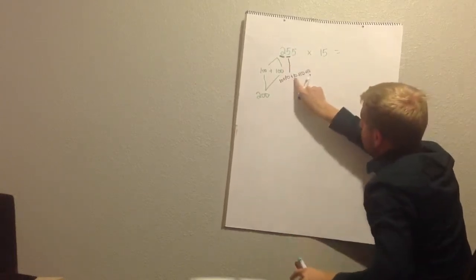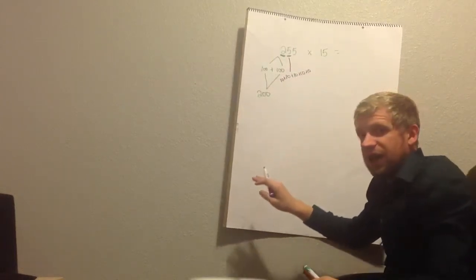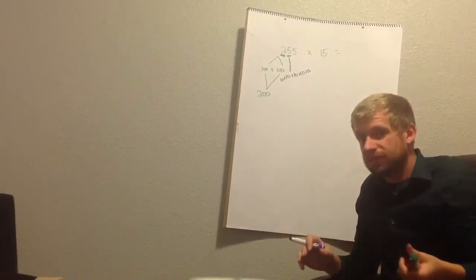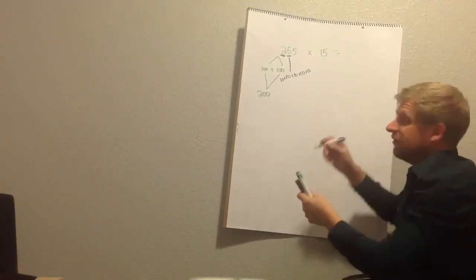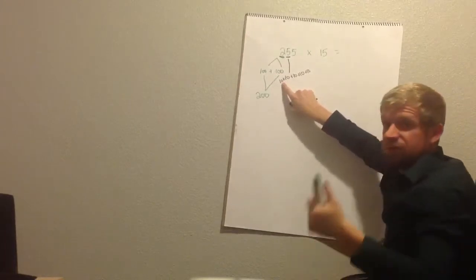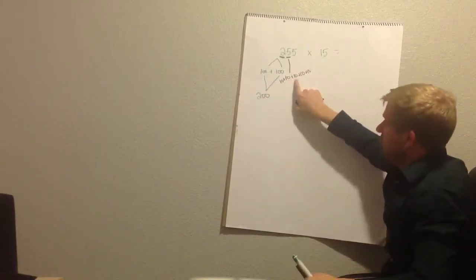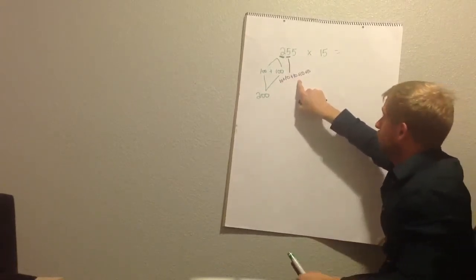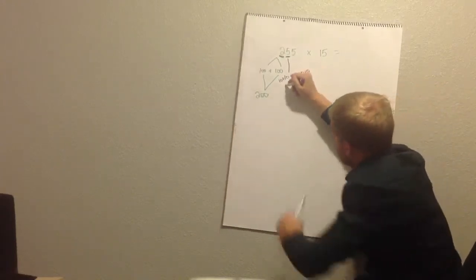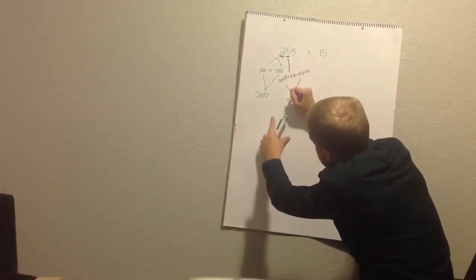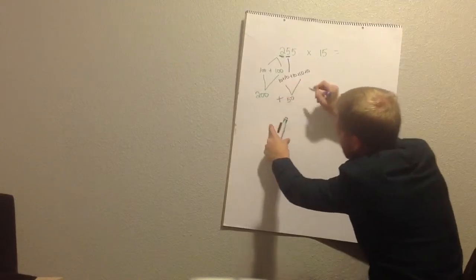So we have 1, 2, 3, 4, 5. And we know 5 groups of 10 equals what? 50. Well, let's check it. 10 plus 10 is 20, plus 10 is 30, plus 10 is 40, plus 10 is 50. So 5 groups of 10 equal 50.